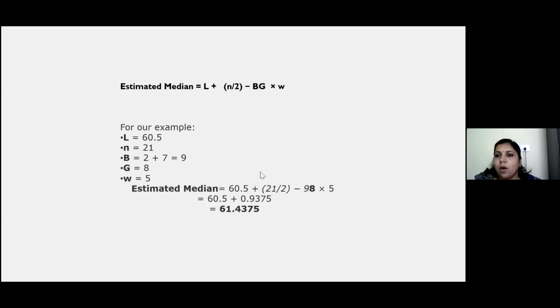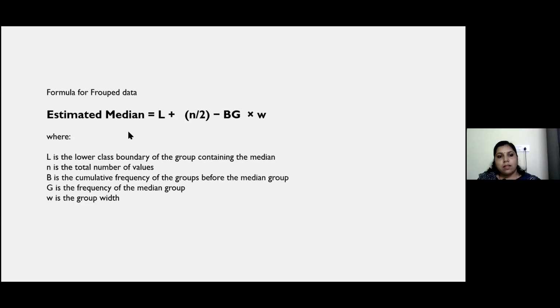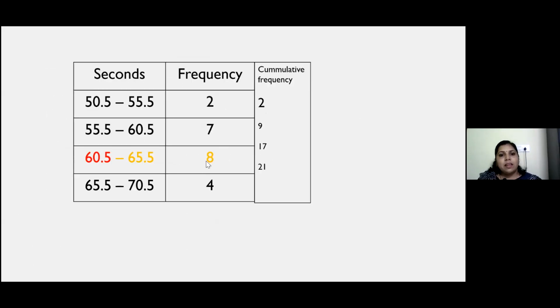The question was: as it is an odd number, why not (n plus 1) by 2, ma'am? Here n is an odd number, 21, so 21 by 2 gives 10.5, or 11. Where does that value lie? It lies between the cumulative frequencies 9 and 17.